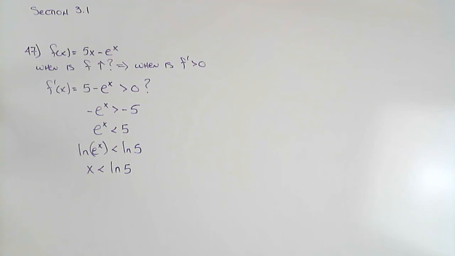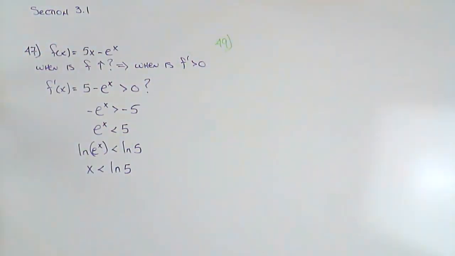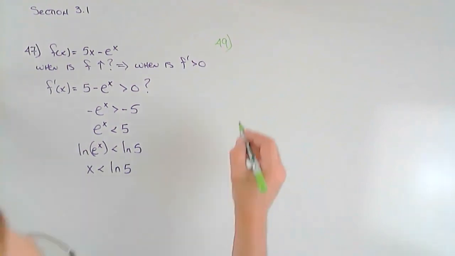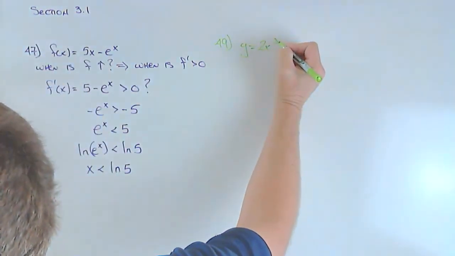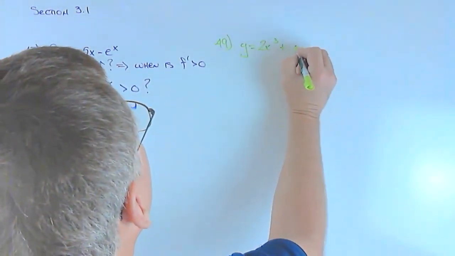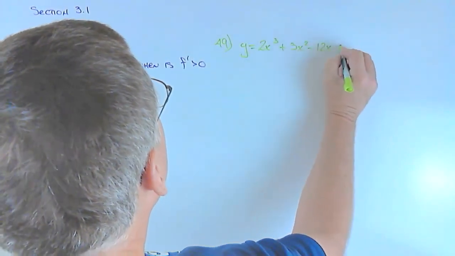If we look at a problem like 49, right? It seems at first blush to be kind of confusing, but it simply says, find the points on the curve, and they give us a function, y equals 2x cubed plus 3x squared minus 12x plus 1.